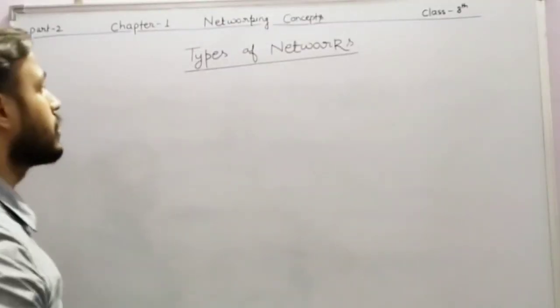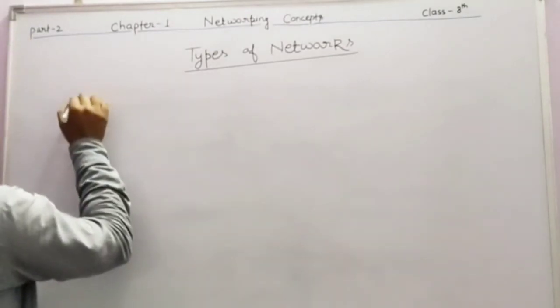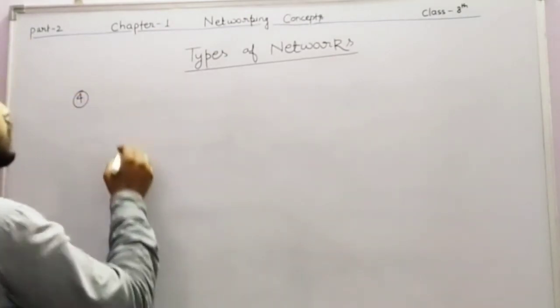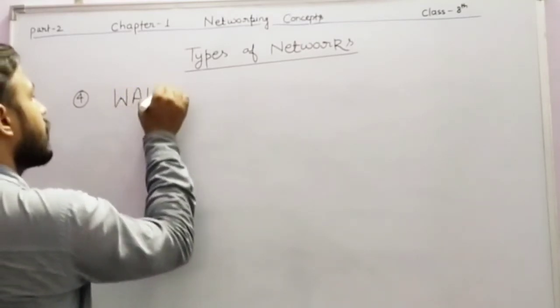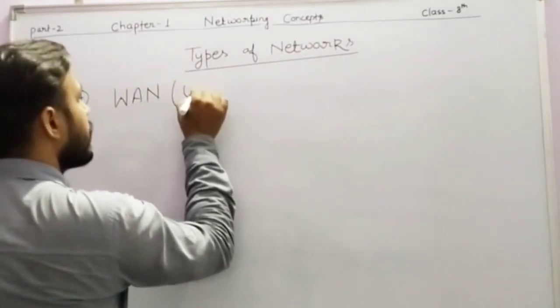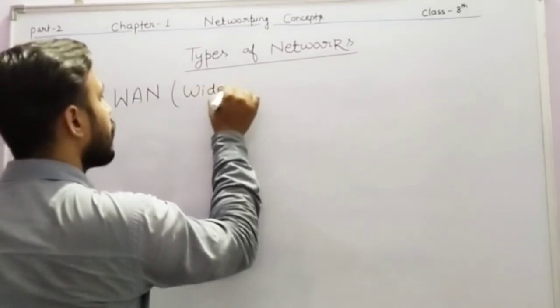So students, the last type of network is WAN, that is wide area network.